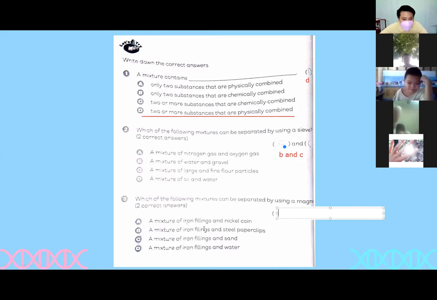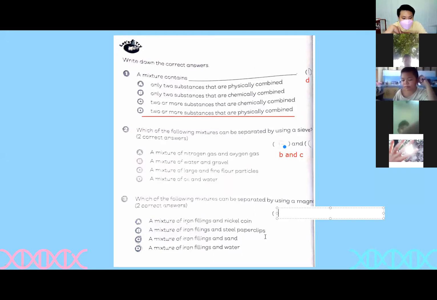Because iron fillings and paper clips, they are both metal. And a mixture of iron fillings and nickel coin, they are both metal. A and B are both metals.